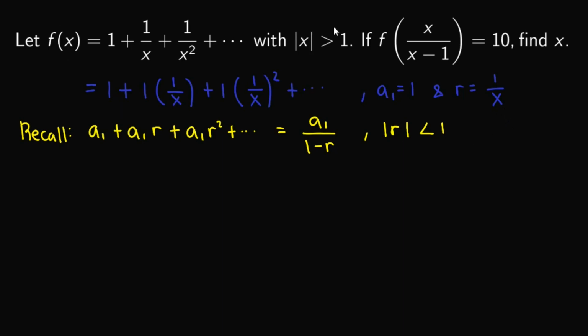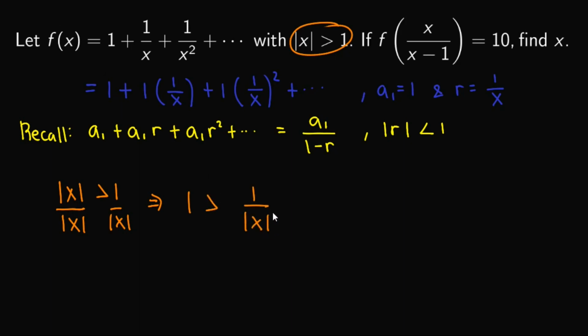Fortunately, we are given this one out here, so let's try to use it. We have the absolute value of x is greater than 1. Since we want to obtain 1 over x, we can divide the absolute value of x both sides to obtain 1 is greater than 1 over the absolute value of x. Now let's use some properties of absolute value.